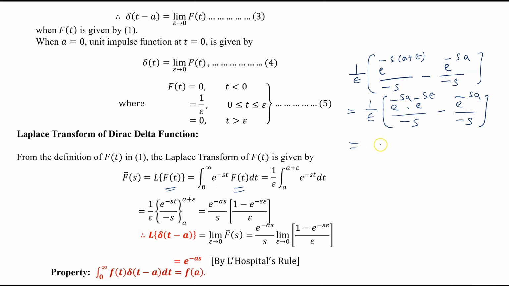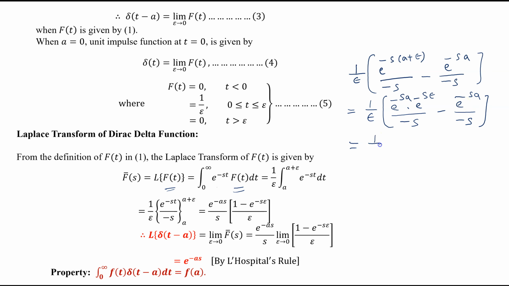Now if you take minus sa by s outside, what do you get? We write e power minus sa by s outside. Here minus into minus becomes plus. Let us write one more step in between.